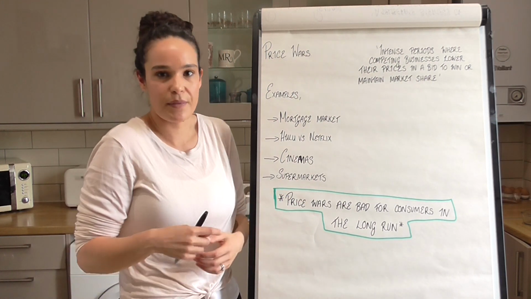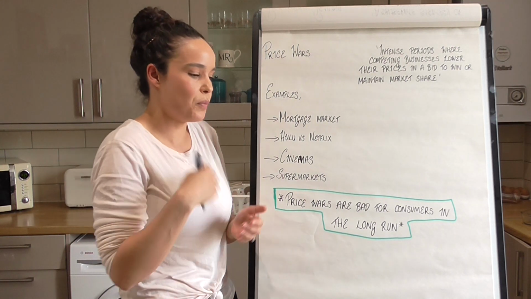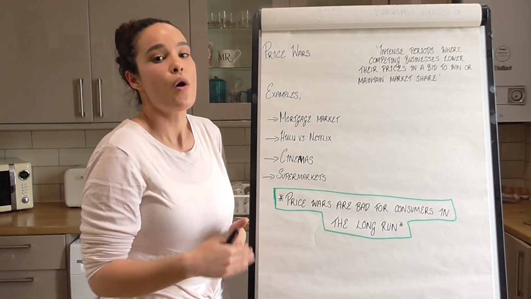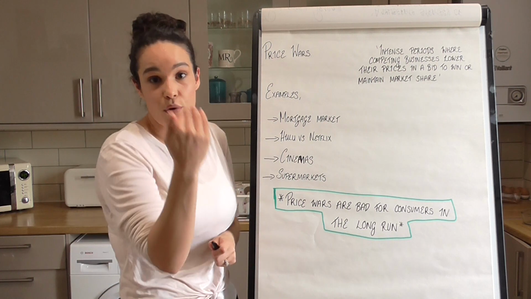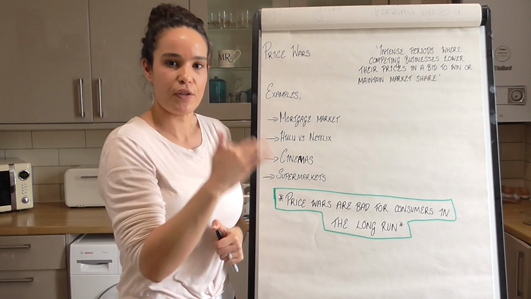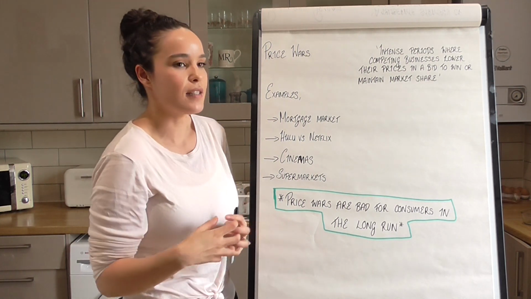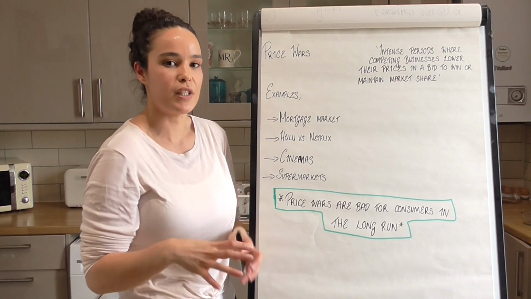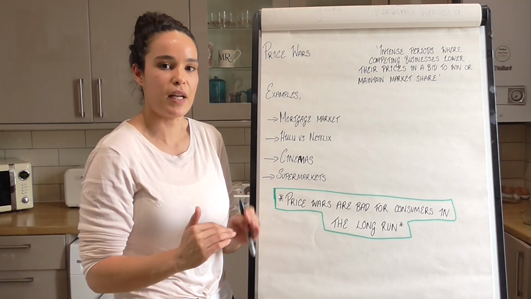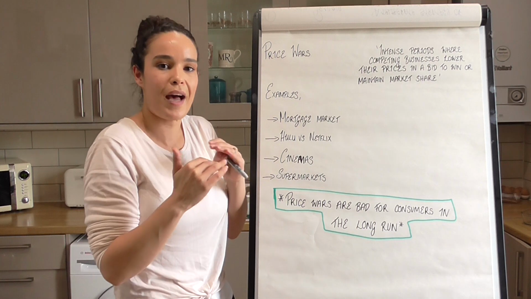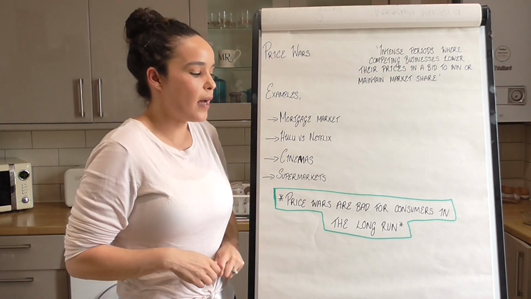But they're also bad for firms, because you have to increase the amount of advertising costs whilst also lowering your price. So you're really chipping away at your supernormal profit, which is usually why they're intense and short, and firms usually tend to settle or come to an agreement, and then we see prices getting back to their normal equilibrium point.